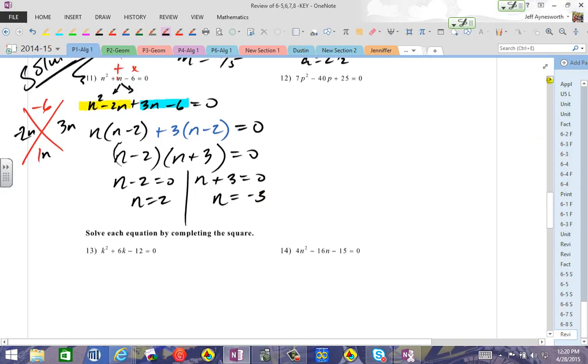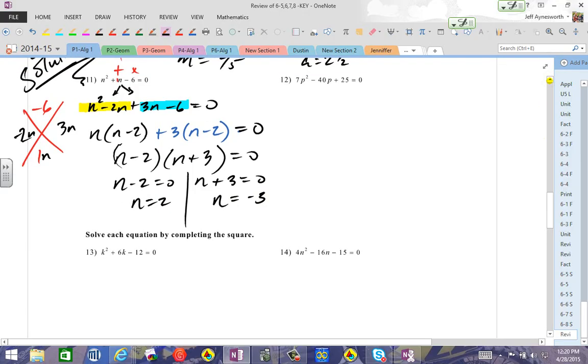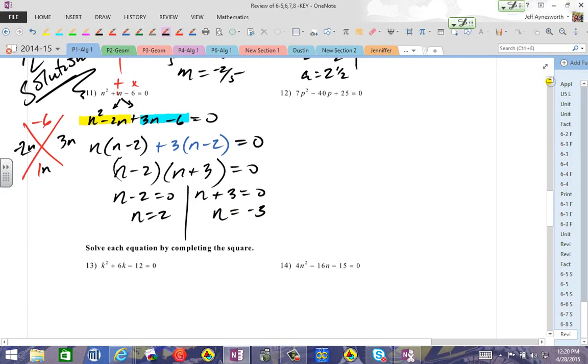All right, and here we go. Let's play the factor game again. So this time, we have to multiply these two. So 7 times 25 is 175. So what two numbers multiply to 175 and add to negative 40? Now this might be challenging, so let me give you a little suggestion.